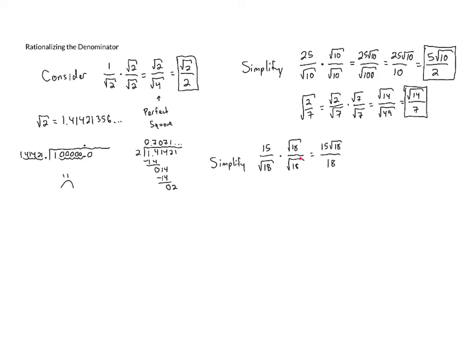We could multiply these out and get the square root of whatever 18 times 18 is, but then we'd be taking the square root again, which takes us right back to 18. Now here, if we look at this, we notice that 18 contains a perfect square factor. 18 can be split up into 9 and 2.